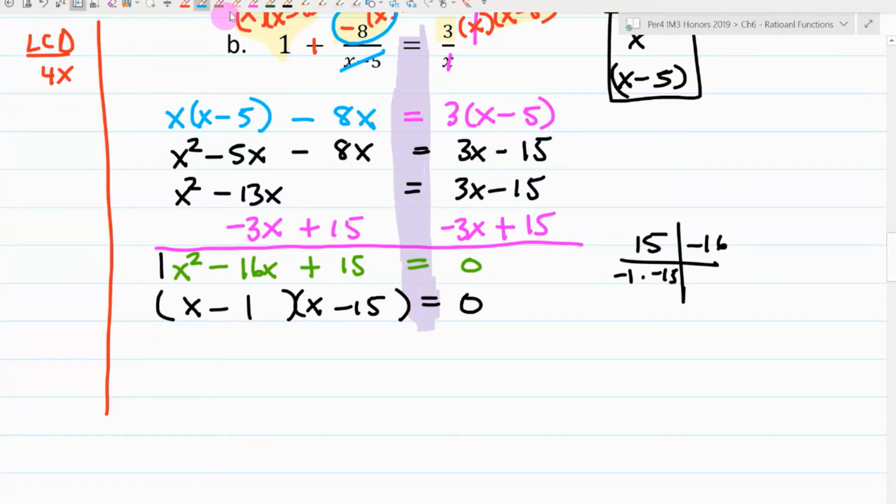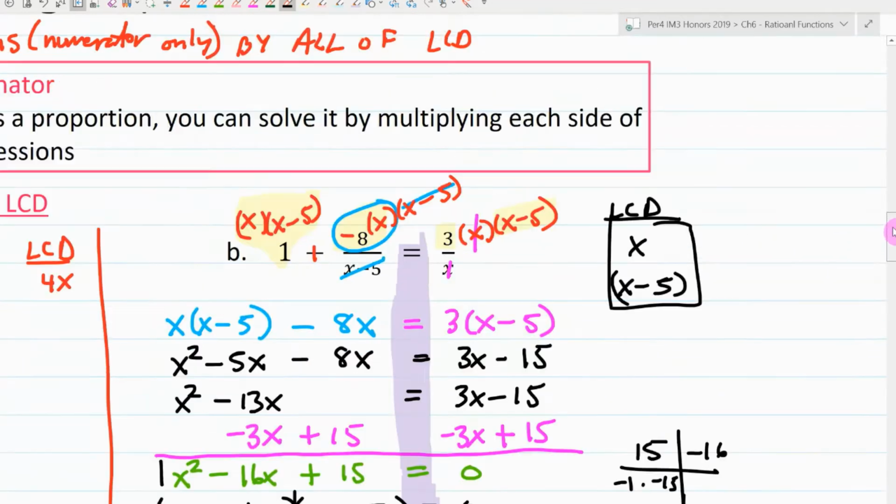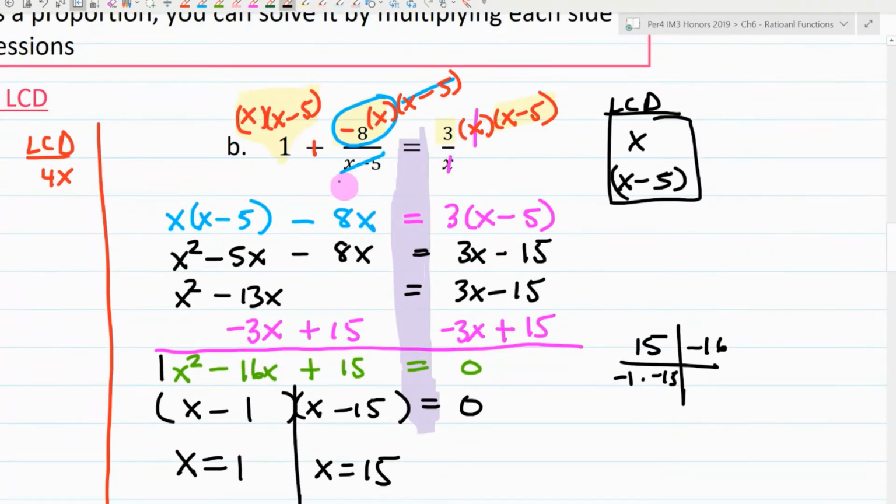Okay, don't lose track of that. All right, we set these equal to 0, x is equal to 1, x is equal to 15, and as long as it doesn't make this or this 0, excuse me, these cannot be 0. 1 doesn't make either one of those 0, and 15 doesn't make either one of those 0, so we have 2 answers for x.